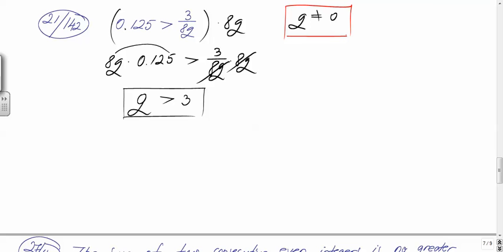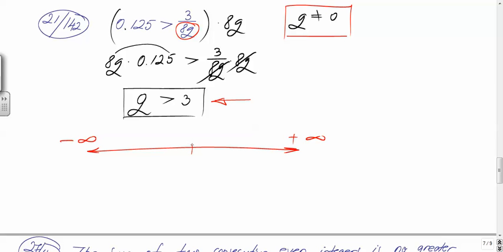Now let's get back to the restriction that we mentioned at the beginning. Is my q different than 0? Well, definitely it is, right? Because q is greater than 3, so that multiplication, basically having q as a denominator, it was okay, because the solutions for this inequality are all the numbers that are greater than 3. Can that q be 3? I don't think so, right?